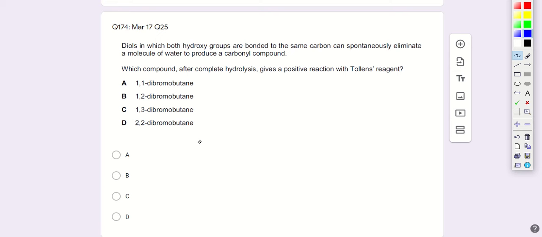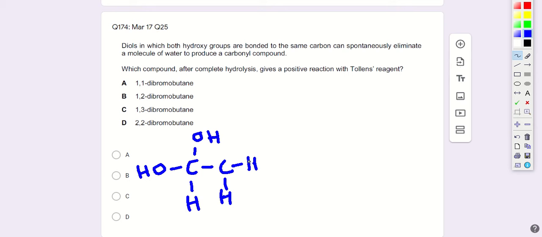It means, let's say I have a compound where one carbon is bonded to two hydroxyl groups. Both the OH groups are bonded to the same carbon like this.